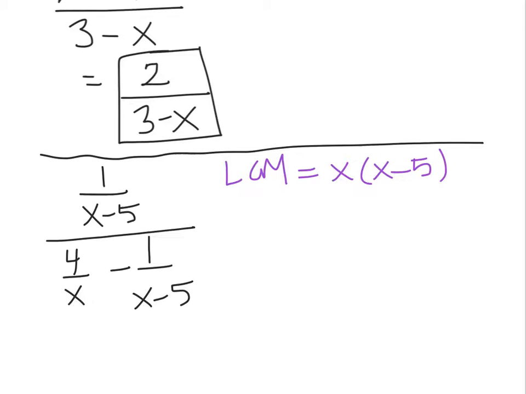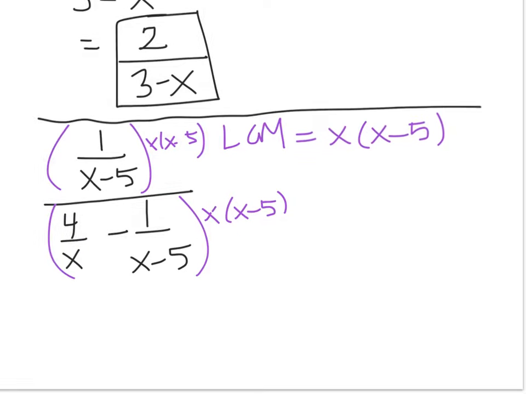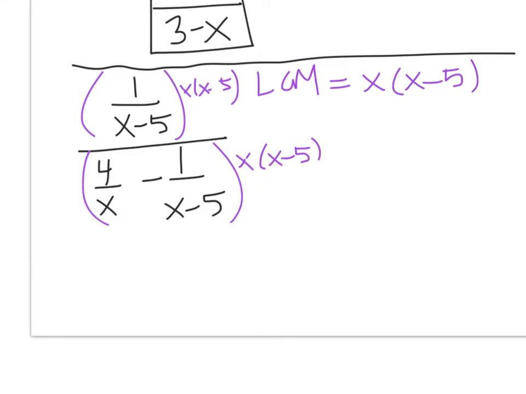So I'm going to multiply the top by this, and I'm going to multiply the bottom by this. Let's see what we end up getting. If I do this right, I should have no complex fraction anymore. I should just have a regular fraction. Now I have to do this times this, which those drop out, and I just get x.